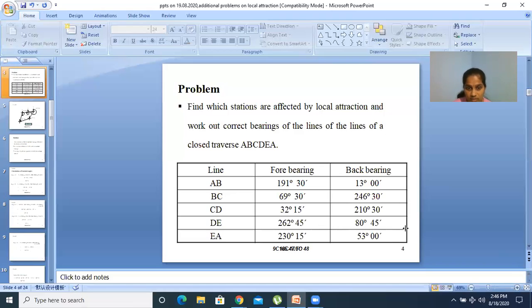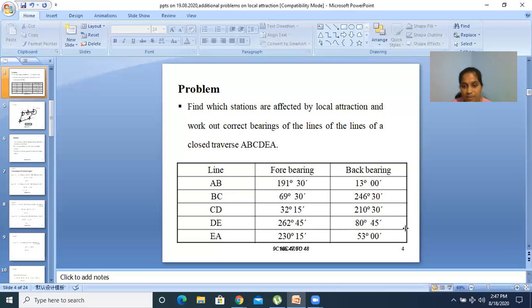For the CD line, 210 degrees 30 minutes minus 32 degrees 15 minutes is 178 degrees 15 minutes. For the DE line, 262 degrees 45 minutes minus 80 degrees 45 minutes is 182 degrees. For the EA line, 230 degrees 15 minutes minus 53 degrees is 177 degrees 15 minutes.